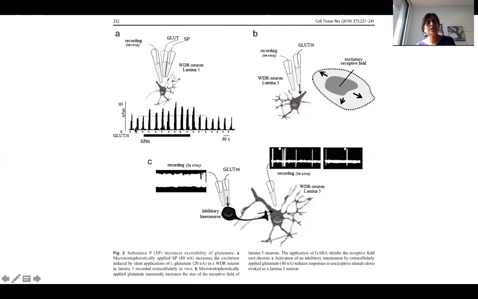So this is just glutamate. When you add substance P, you're infusing substance P, the response is increased. Got it? Glutamate by itself can work, but it is enhanced by the presence of substance P. That should be a good way to basically end this. Okay, good. Thank you.